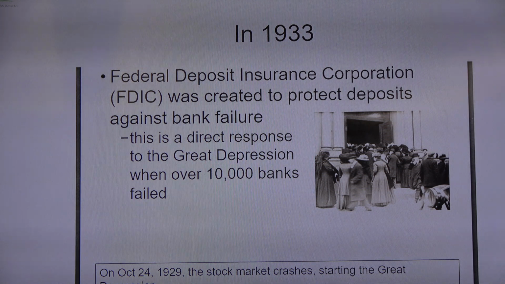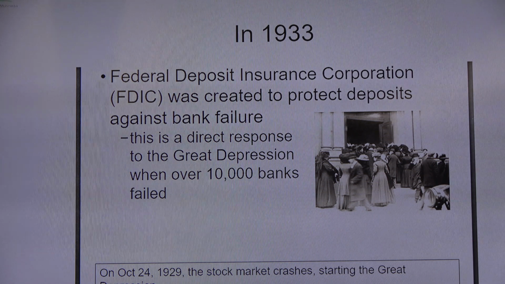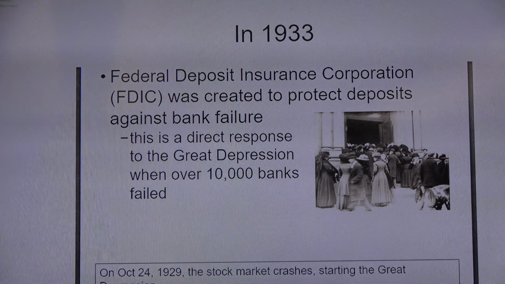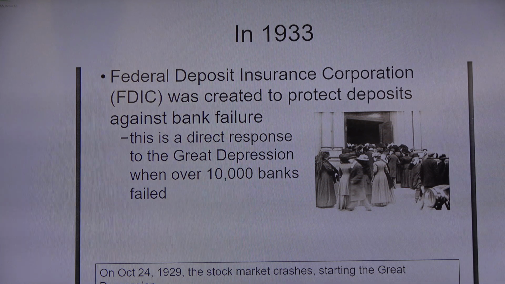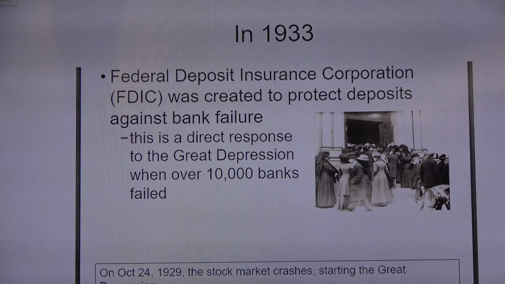So even a lot of older people that grew up during the Great Depression, they may have $250,000 in one bank, and then to make sure that their money is FDIC insured, they take the additional amount over the $250,000 to another bank. So it says in the Great Depression over 10,000 banks failed, and this picture shows a run on the bank.